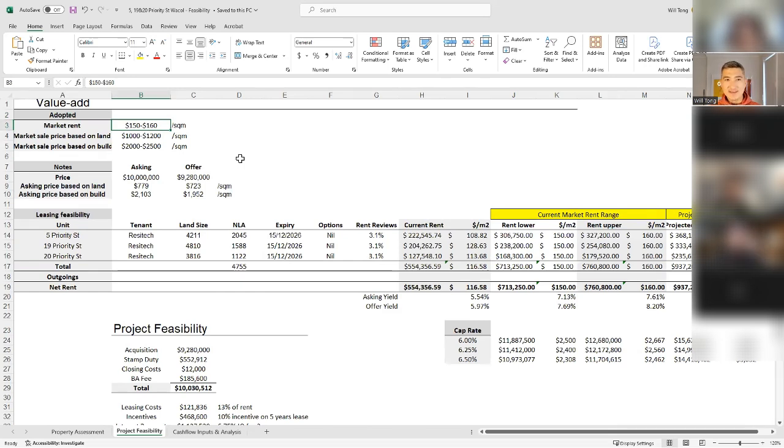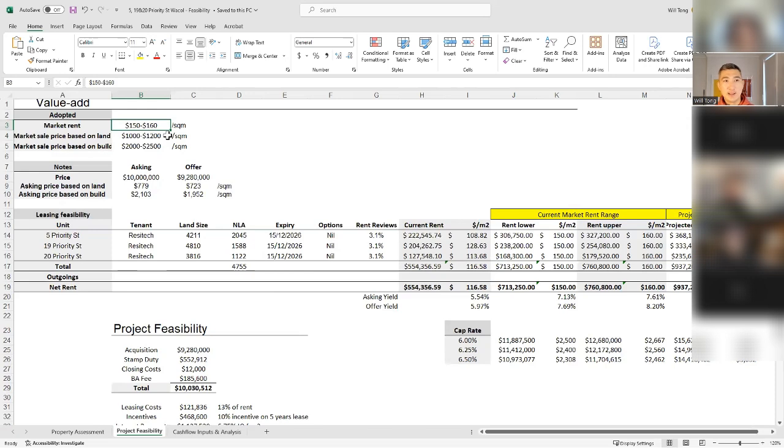And the reason for that is this particular property has a very special zoning, which allows 24-hour operation. So the factory that's in there at the moment, they do plastic recycling. They run 24/7. And that's a really rare zoning. You don't get it very often. So we knew that if these guys moved out, we could lease the property in a heartbeat to another company that's probably going to pay $150, $160 per square meter.